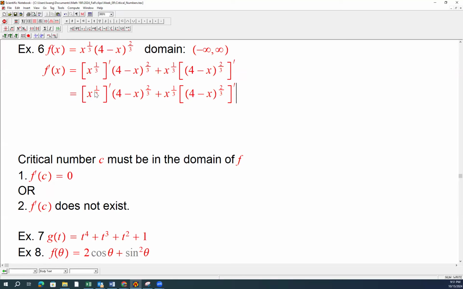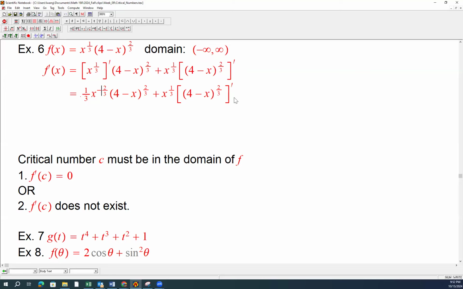the derivative of x raised to the power 1/3, apply the power rule, is going to be 1/3, and 1/3 in the power subtract by 1, that's going to be -2/3. So I'm going to put -2/3 right there. I think everybody got that.